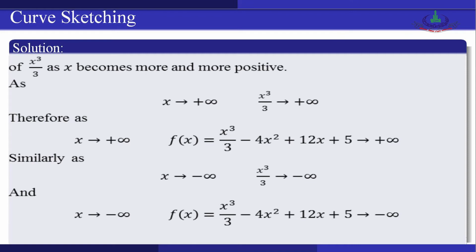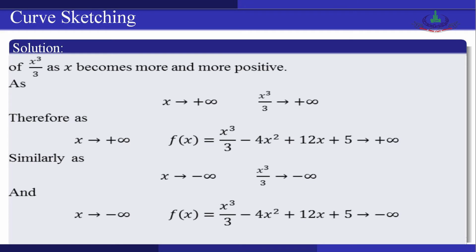Therefore, as x goes to infinity, f of x, which is given by x cubed over 3 minus 4x squared plus 12x plus 5, also goes to plus infinity. Similarly, if x goes to minus infinity, x cubed over 3 also goes to minus infinity, and therefore our function f of x goes to minus infinity.